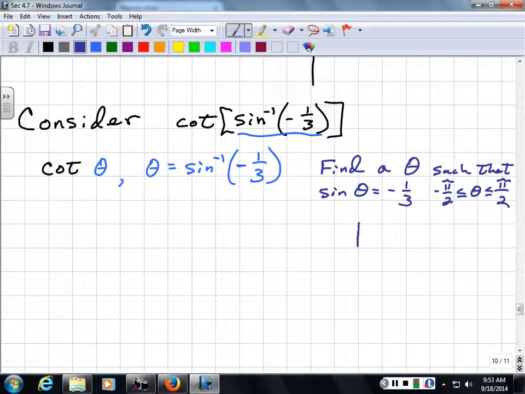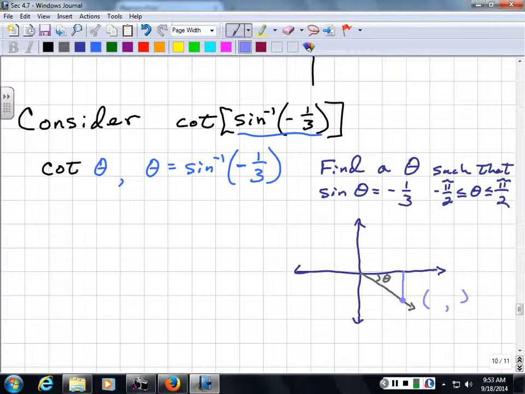Now, if I have a fourth quadrant angle, it's some theta. I'm going to have some x comma y. That is a sine function.